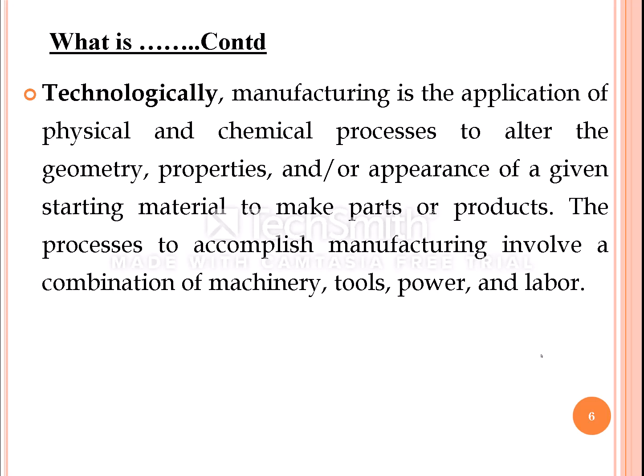So when we say manufacturing, this is the process of altering the geometry or defining the properties or the appearance of what we want to produce. The process to accomplish manufacturing involves a combination of machinery, tools, power, and labor. So the process is not by itself, but we have to involve machineries, tools, power, and labor.